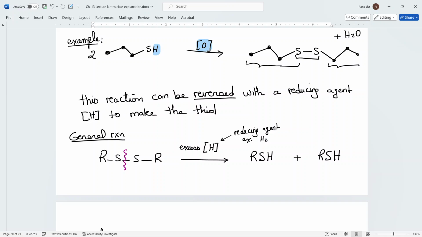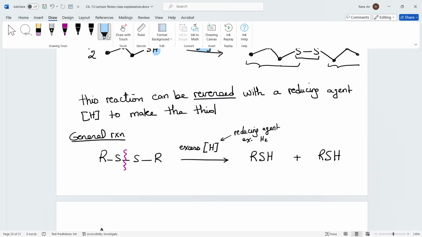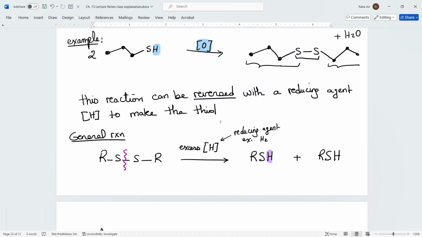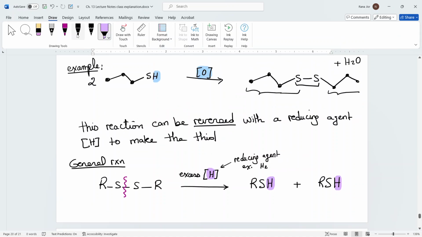All I did is simply add 2 hydrogens, and those hydrogens came from the excess of the reducing agent. If the R's are the same, and here in this case they are the same, in this general reaction I'm just going to combine them together and say 2 RSH.